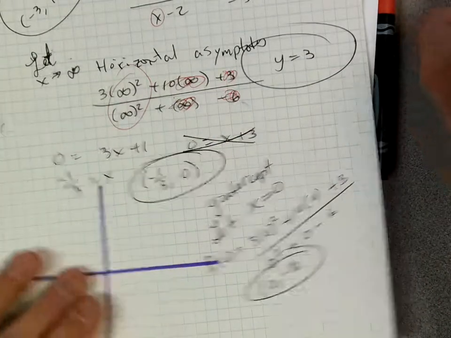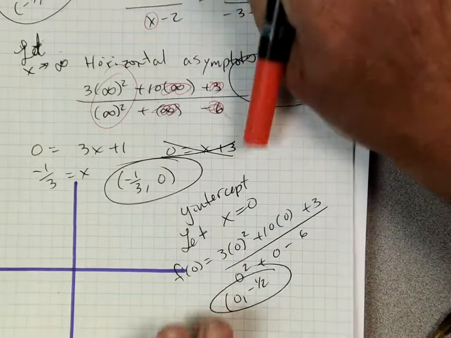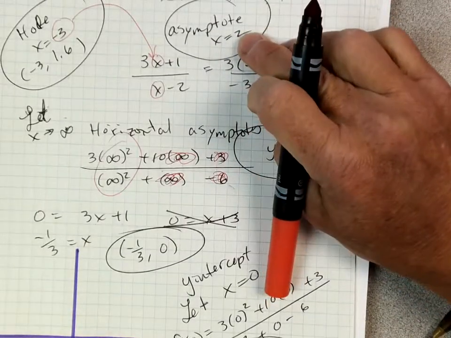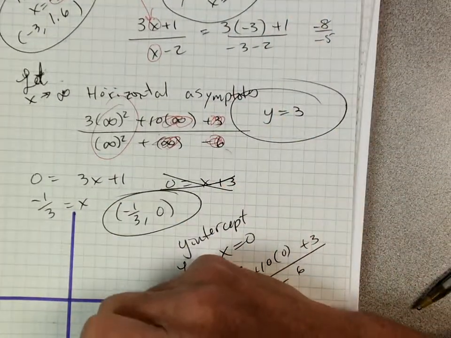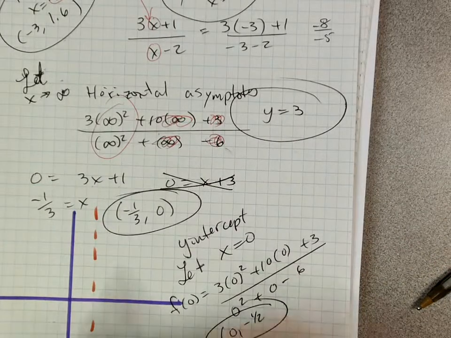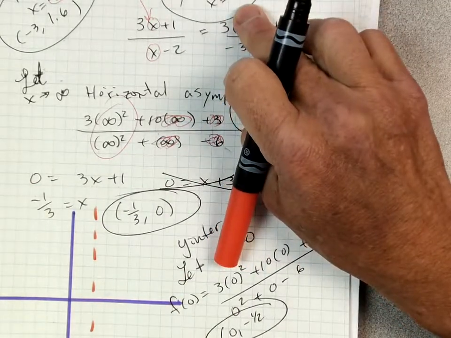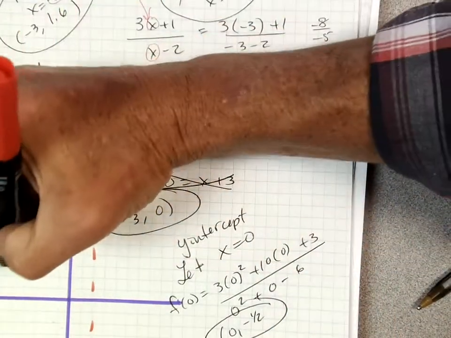We're going to put our horizontal and our vertical asymptotes in. So if I go back to my vertical asymptote of x equals 2, I'm going to slide that in. There's my vertical asymptote, right? x equals 2. My horizontal asymptote at y equals 3.